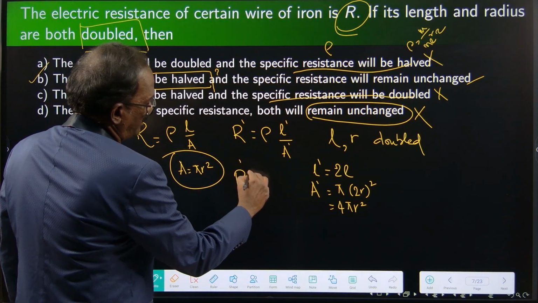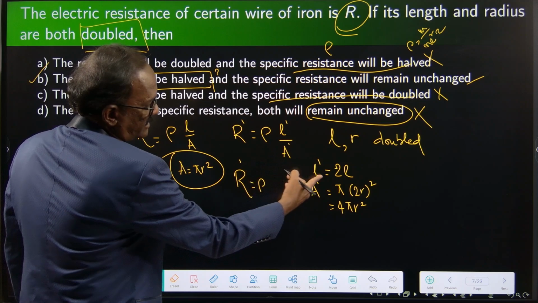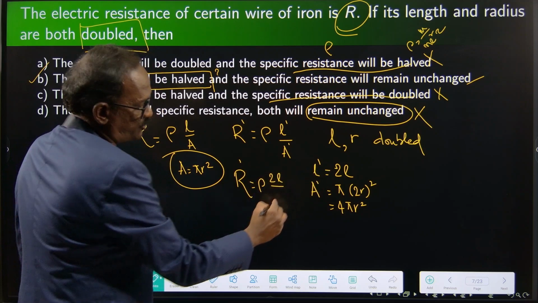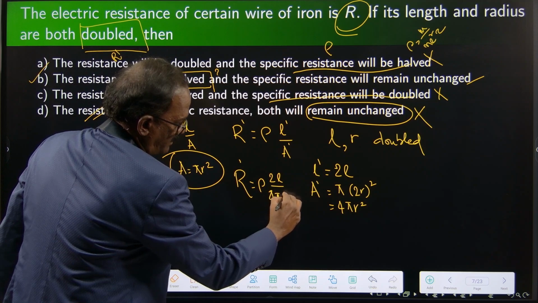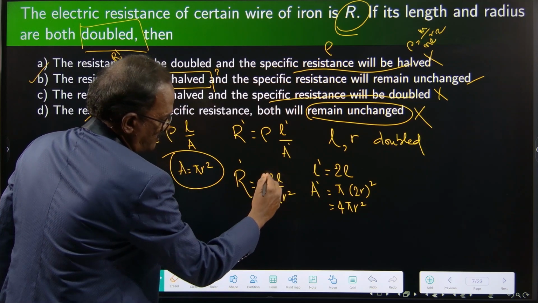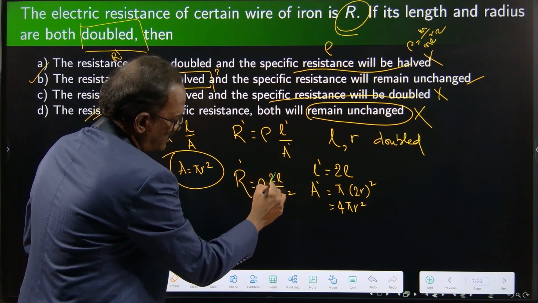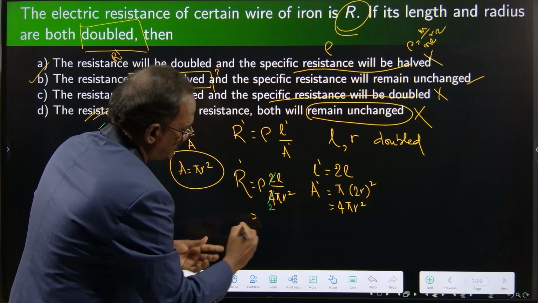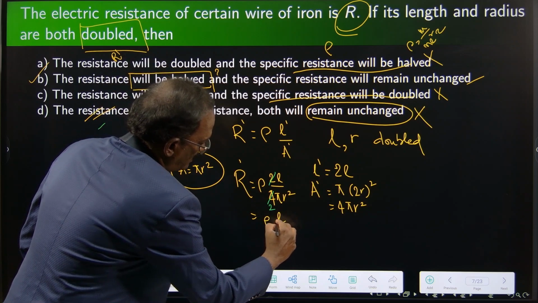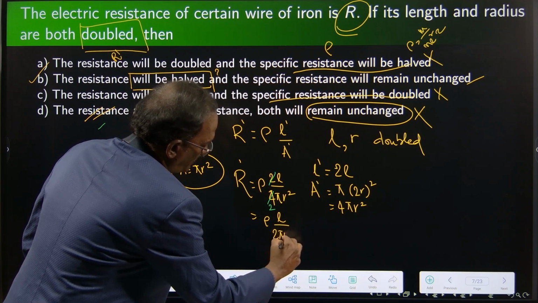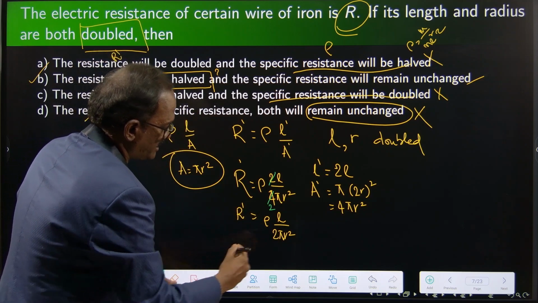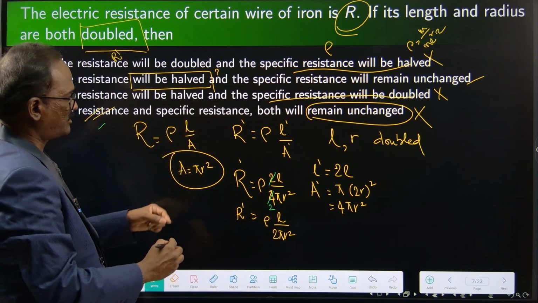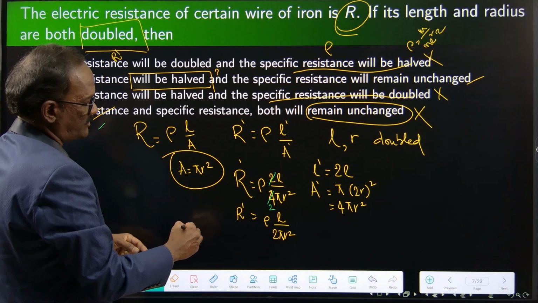Then R is equal to rho L by A. Let me put here R dash is equal to rho, instead of L dash I am writing 2L, and A dash is 4 pi r square. So 2 and 4 give me rho L divided by 2 pi r square. This area is equal to pi r square, right?